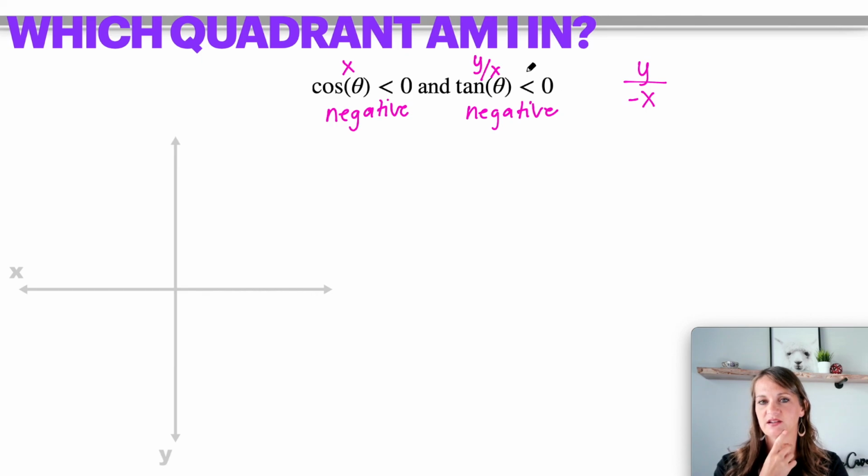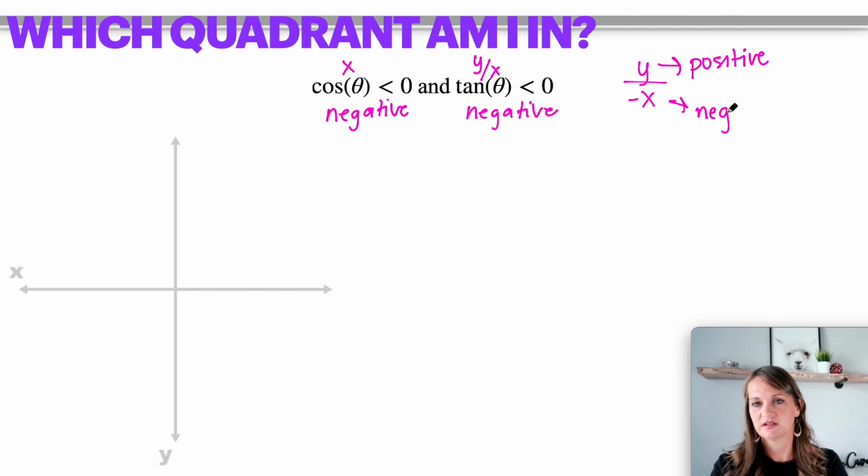So tangent is negative, which means y cannot be negative, because if you have a negative y, the negative over negative would actually turn this positive. So therefore, y must be positive and x must be negative. So x is negative, y is positive. Where does that happen? It happens in quadrant 2.